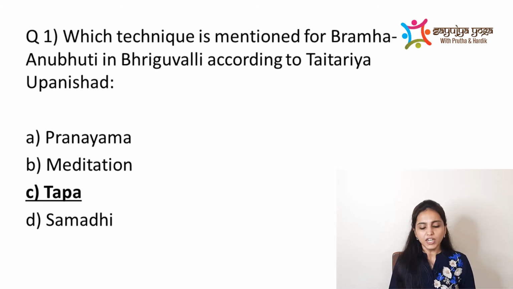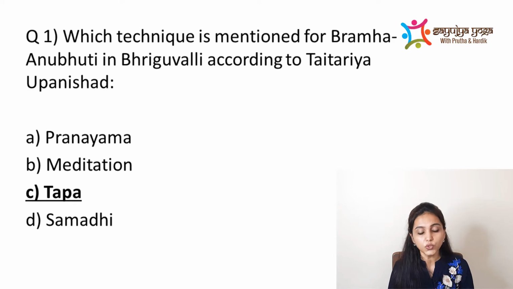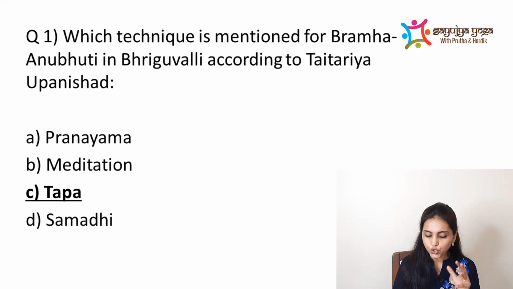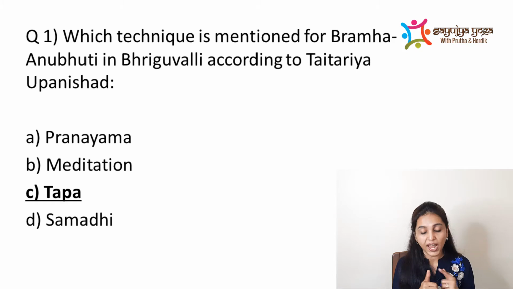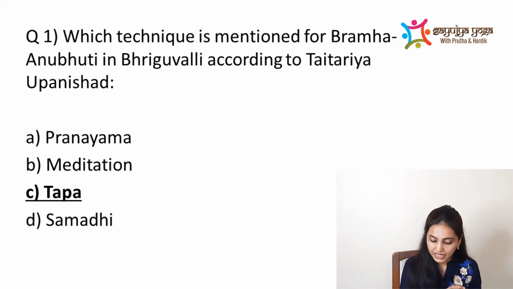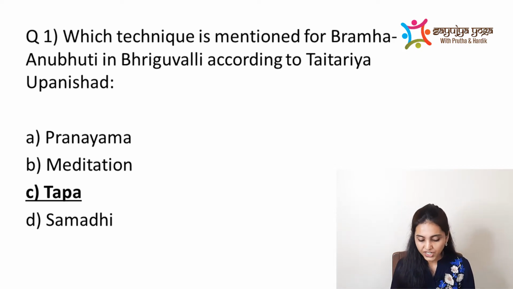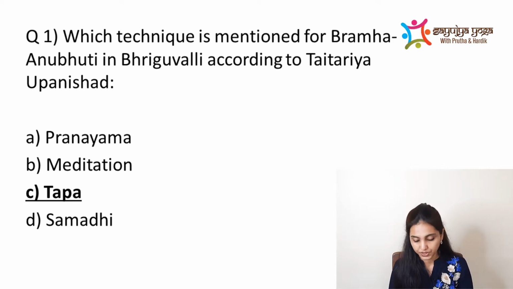Now friends, Bhriguvalli opens with Bhrigu approaching his father Varuna to seek knowledge about Brahma. Okay, now Varuna said to Bhrigu that Anna, Prana, Chakshu, Kshotra and Mana and even Vacha are Brahma. Now Bhrigu was keen to know more about the Supreme Being and the ultimate reality of life, for which he underwent all the necessary disciplines.